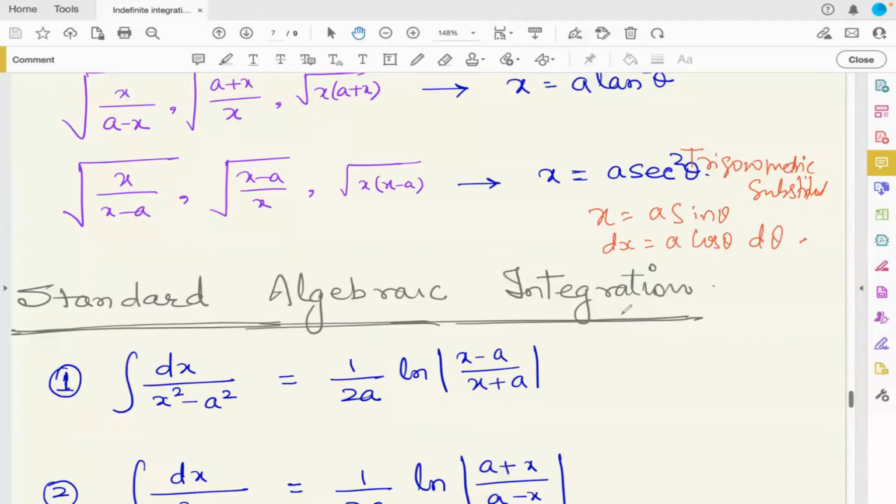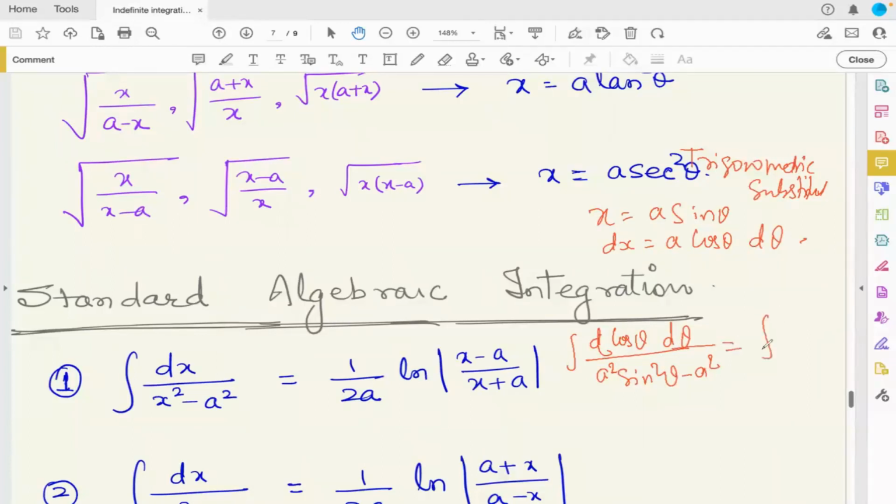Okay. So if we substitute, our new integrand looks like dx, which is a cos theta d theta, divided by x, which is a sin theta, so a square sin square theta minus a square.